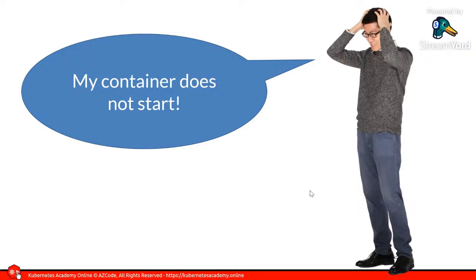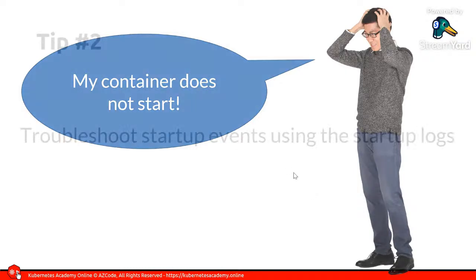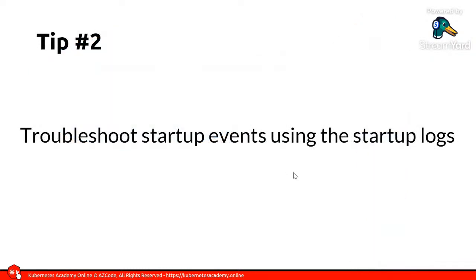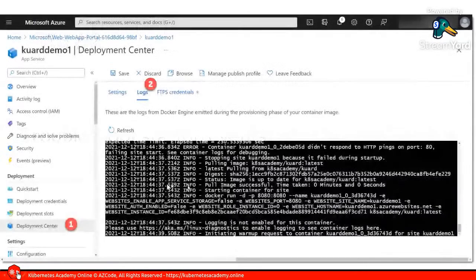My container does not start. Tip number 2, troubleshoot startup events using the startup logs. So in the deployment center, when you click in the left menu, Deployment Center, there's a tab called Logs. And in this tab, you'll see the startup logs.